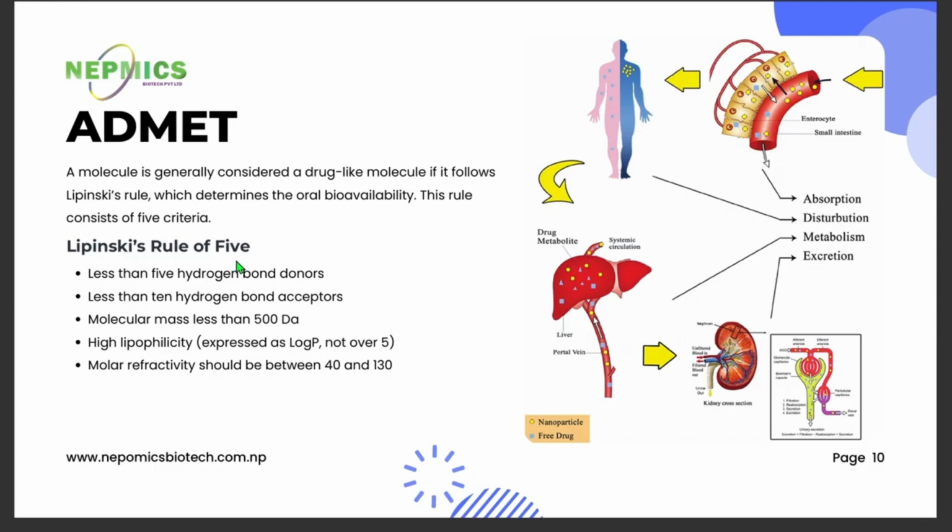So once the compound has these parameters fulfilled, you can consider it as a drug molecule, or rather a drug-like molecule. Actually not a drug, but a drug-like molecule. You can screen both compounds as well as drugs, because there are a lot of mutations and different kinds of variations, MDR and whatever other things.